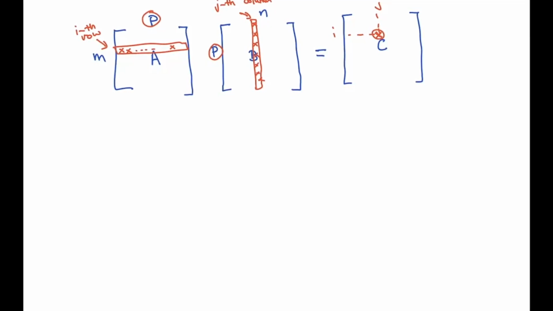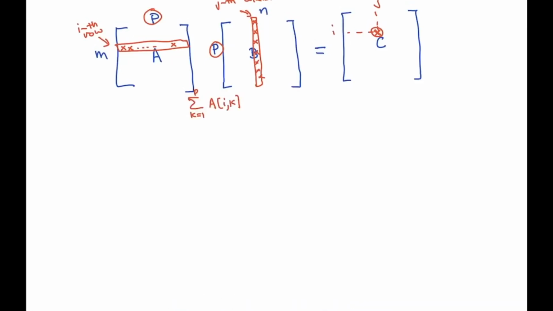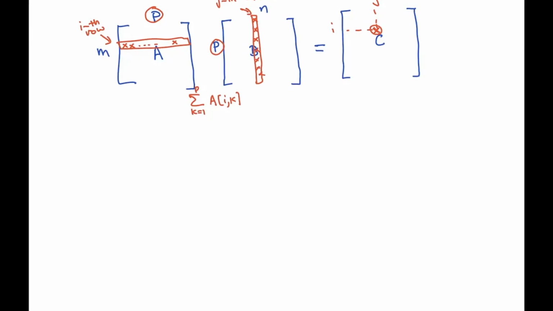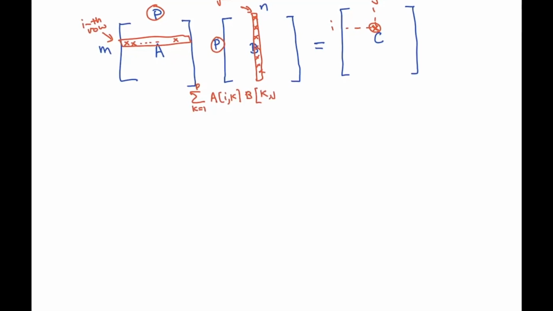So that's exactly this for loop or summation that you can see in this problem, where we have this A_ik, where i is the index for the row, and k shows that we want to iterate over all these different elements that we have. And we multiply this by B_kj, right?